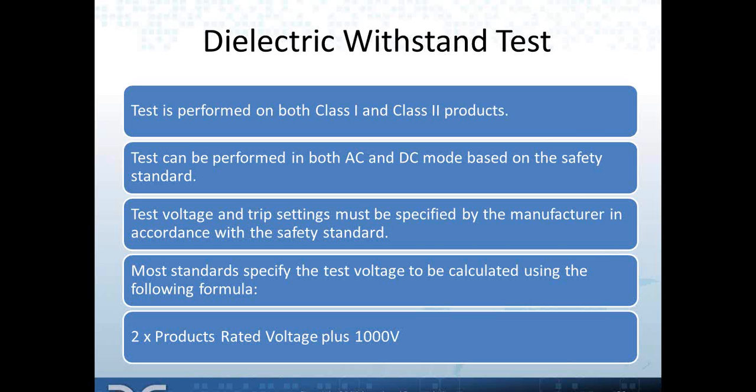So for example, if your product is rated at 120 volts, your hi-pot test voltage would be 2 times 120, which is 240, plus 1,000, so 1,240 volts. Now again, this is a basic rule of thumb for setting hi-pot test voltage, but one should always refer to the standards that they're trying to comply with to get the correct test parameters for this test.